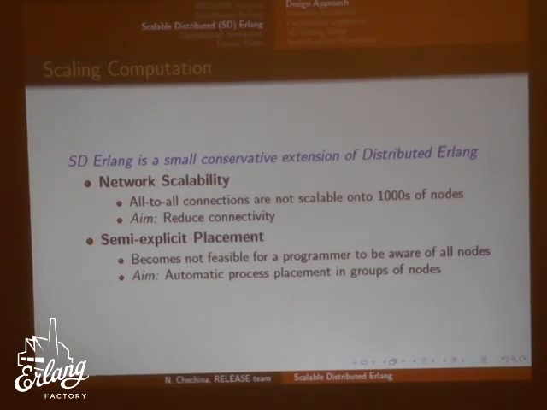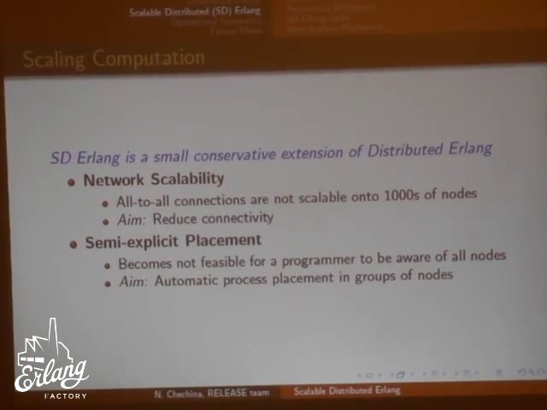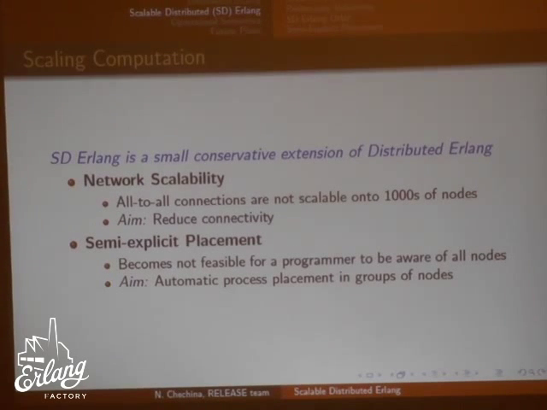And SD Erlang and its scaling computation. SD Erlang is a conservative extension of distributed Erlang, and it consists of two parts. The first part is network scalability, and the second part is semi-explicit placement. The problem is we don't believe that all-to-all connections scale, so we wanted to change that.